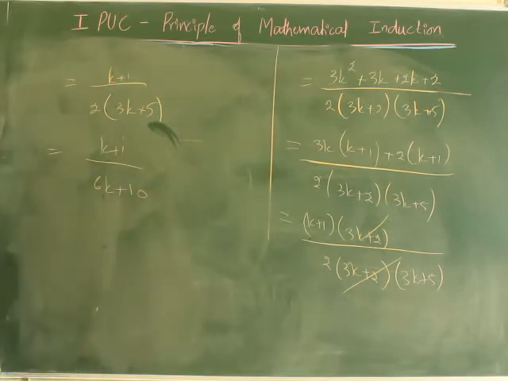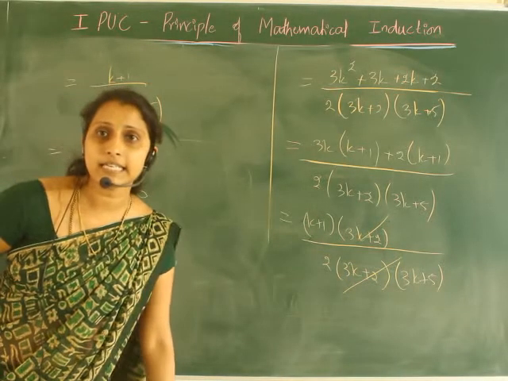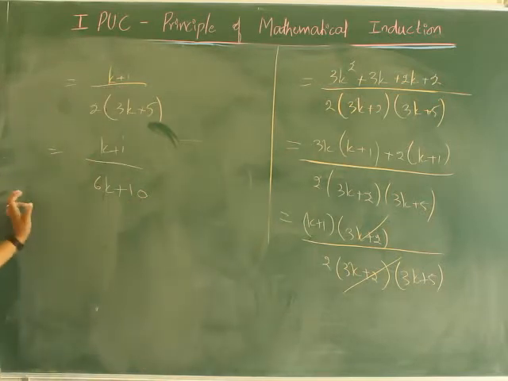So now you can see, for n it is n divided by 6n plus 4. For k it is k divided by 6k plus 4. But now it is for k plus 1. So what is the answer we have to get? We have to get k plus 1 divided by 6 into k plus 1 plus 4.